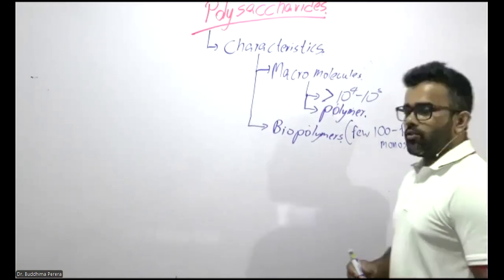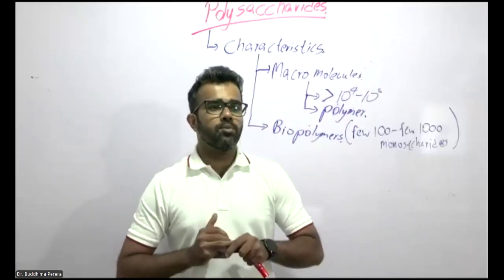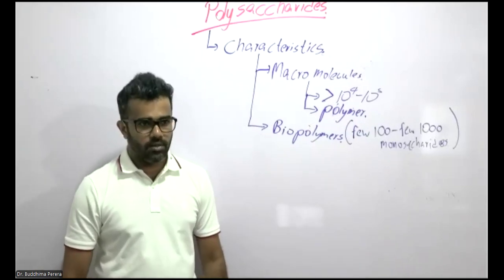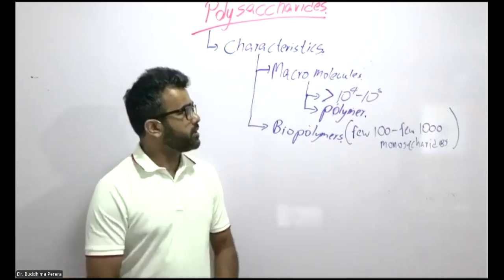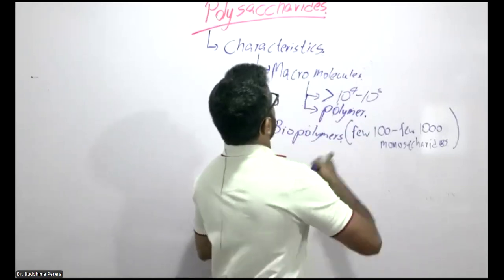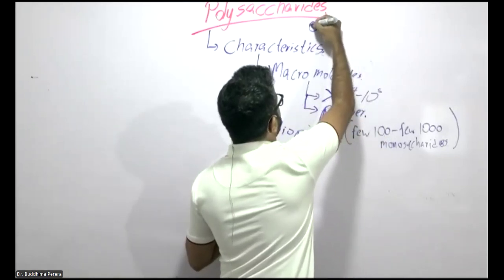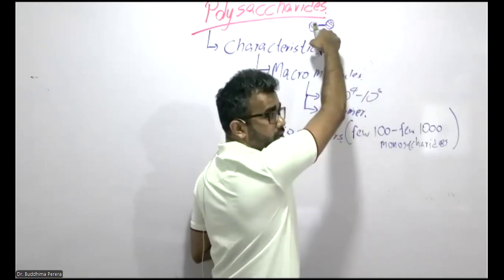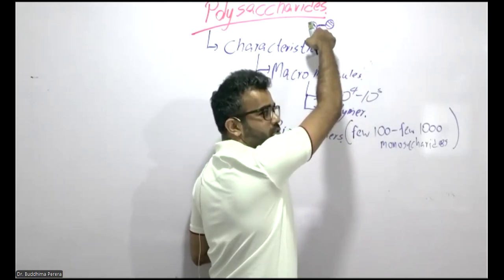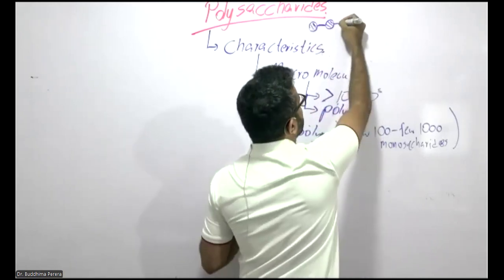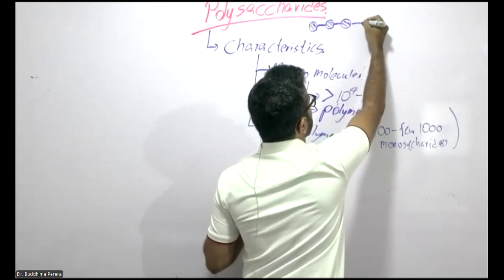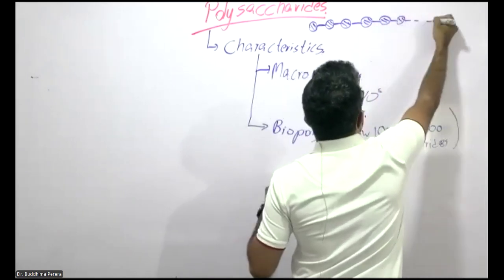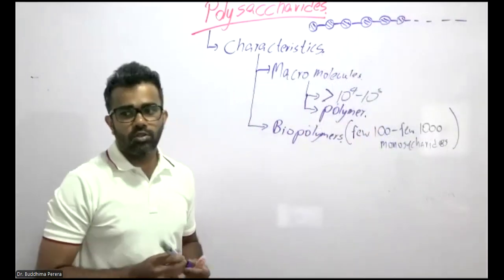To form a polysaccharide, there should be a few hundred to a few thousand monosaccharides, 100 to 1000 monosaccharides. They join with which bond? Here, it's the glycosidic bond, the same bond. They form glycosidic bonds and form a polysaccharide.